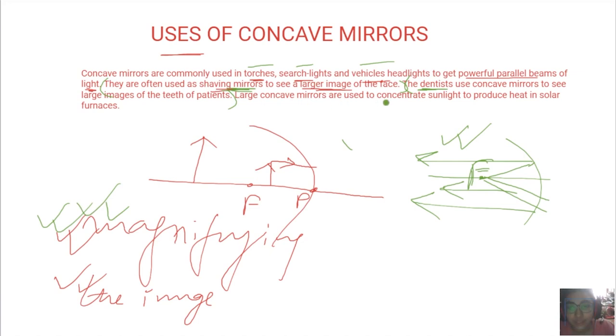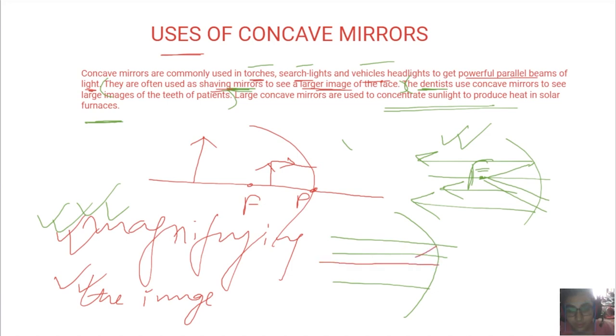Large concave mirrors are used to concentrate sunlight to produce heat in solar furnaces. I think by now you have understood which property this is. It is basically light coming from infinity. Where will all of them converge? They will converge at the focus, right?